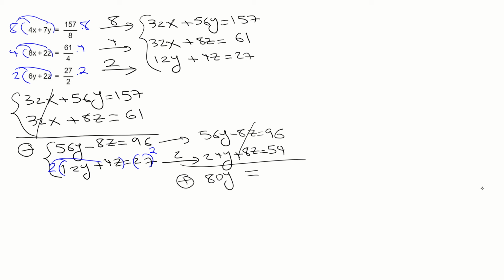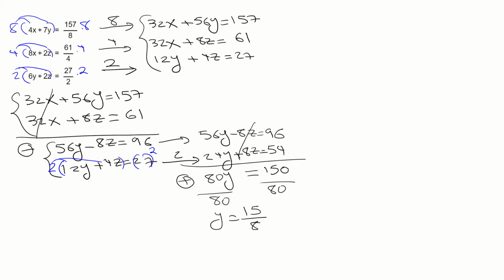So when we combine those, we end up with, that's 140 and 10, so 150. Now we divide both sides by 80, and we get y equals 150 over 80, and the 10s can cancel out, so we get 15 over 8.